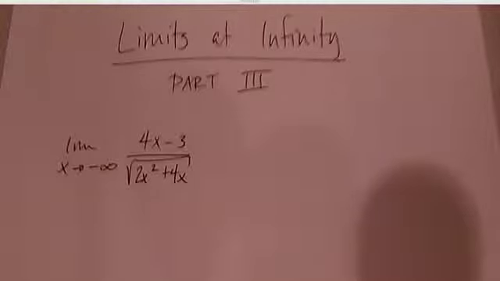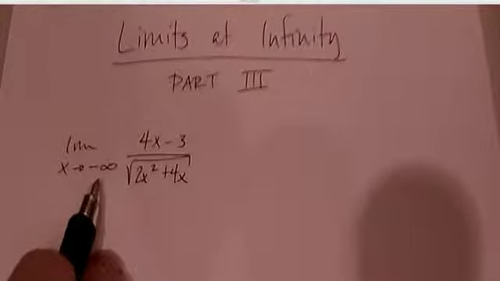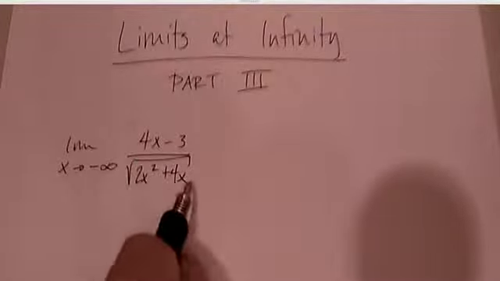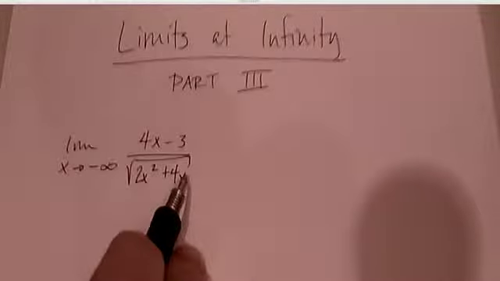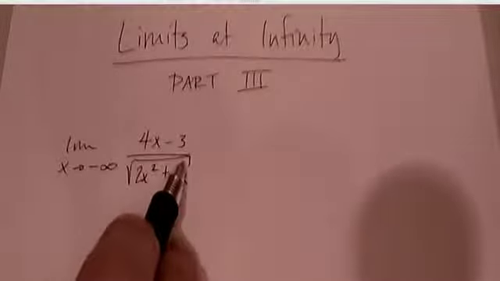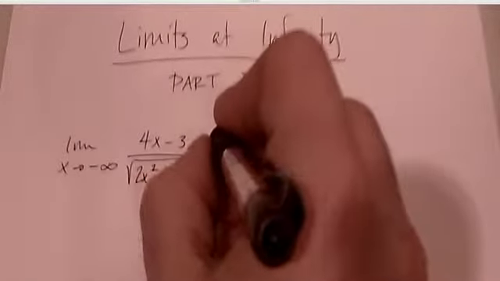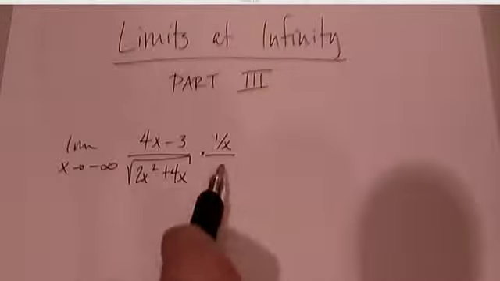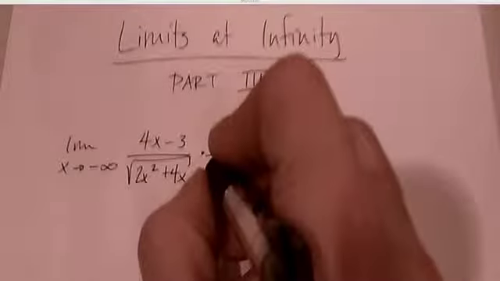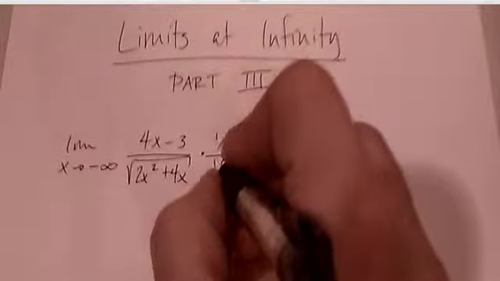Now, remember, I'm approaching negative infinity right here. I have a first degree in the numerator. I functionally have a first degree in the denominator because it's a quadratic square rooted. I know that in order to multiply by the reciprocal of the highest power, I have to multiply by 1 over x, and then I have to multiply by its equivalent down here.